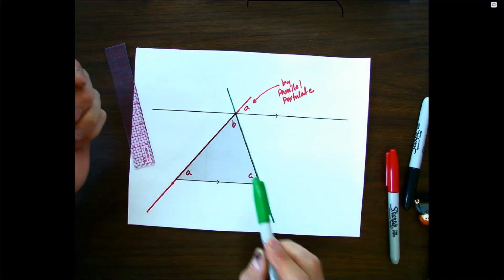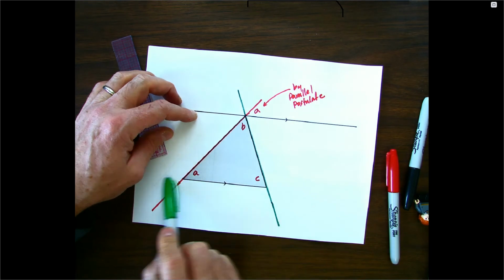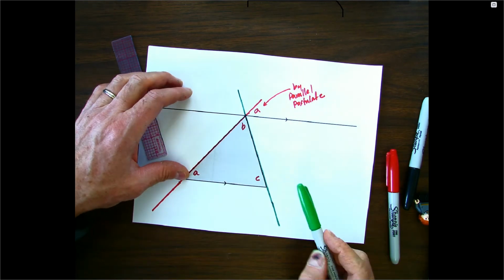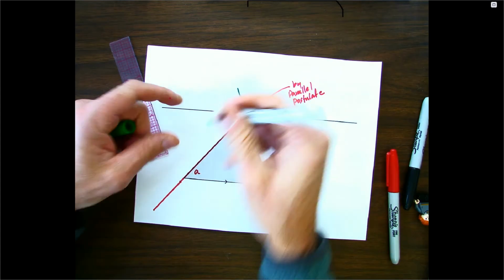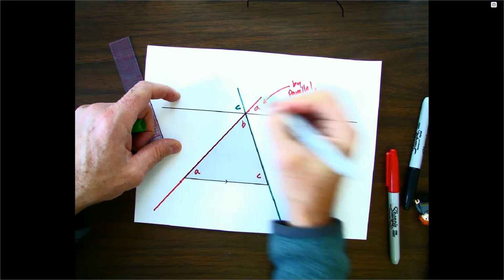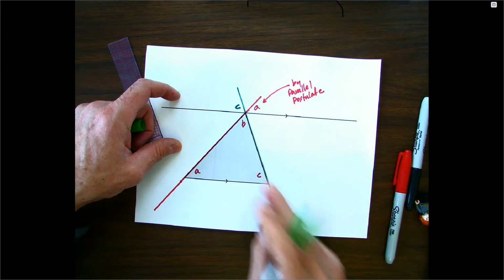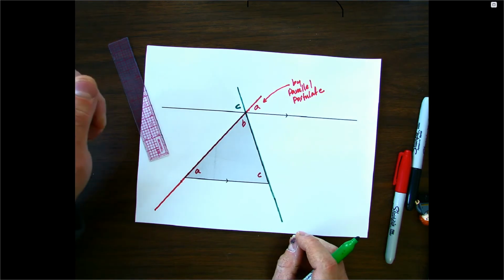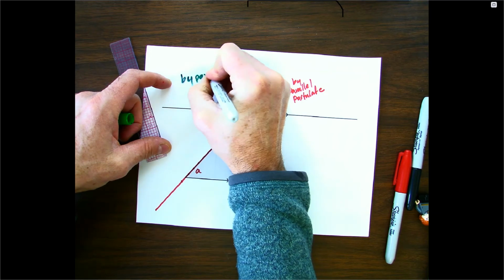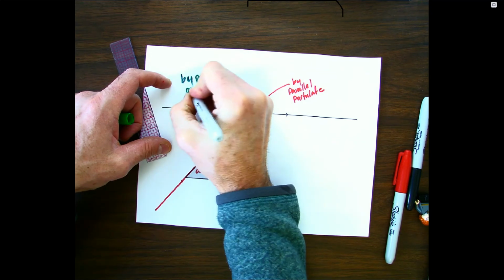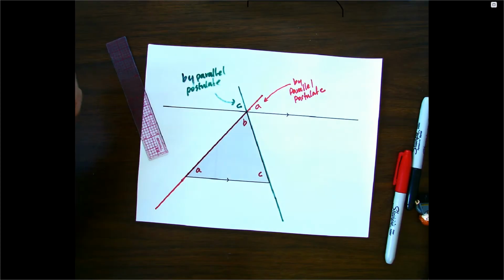I can see that this angle C along this transversal, which is cutting this parallel line and this parallel line, corresponds to this angle up here, which we could label C. So I'll just put a C next to it. That's again by the parallel postulate that says corresponding angles are congruent. So that's certainly true.